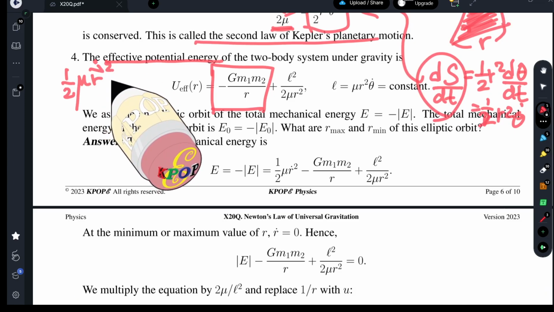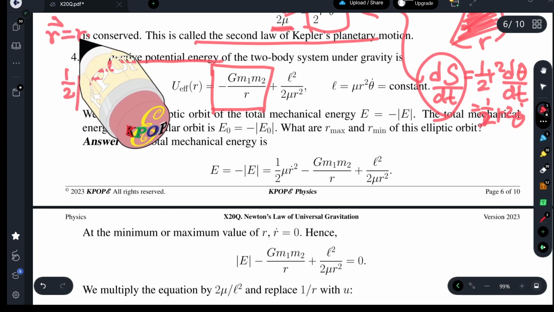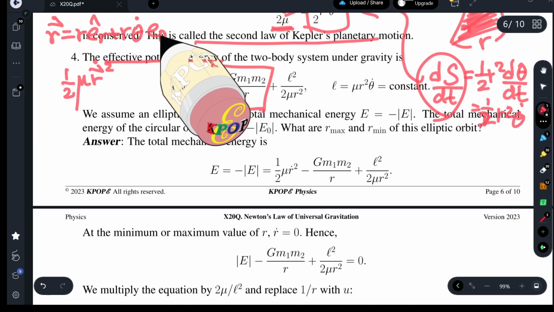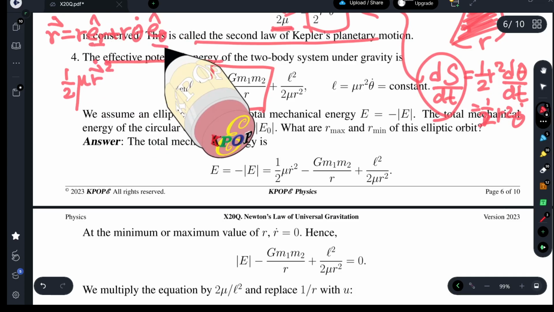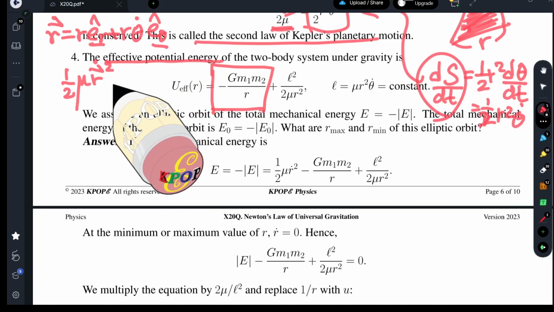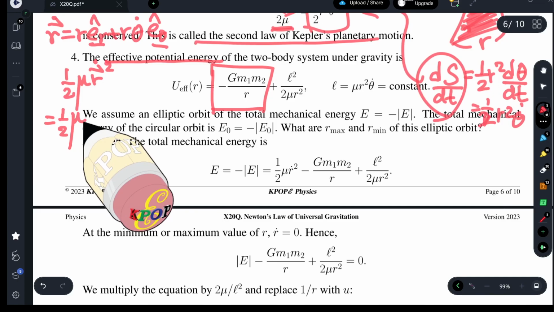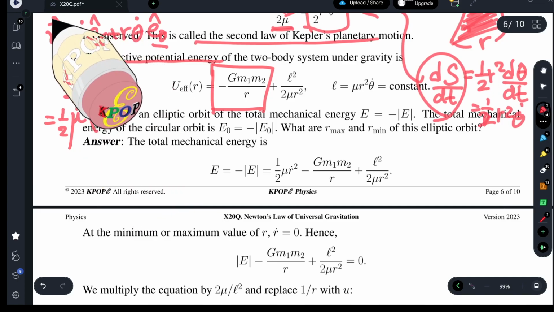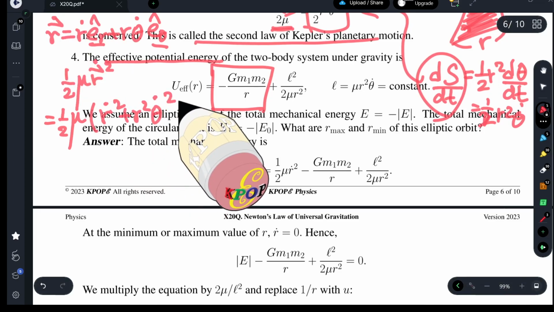And this velocity r vector dot is r dot e_r plus r theta dot e_theta. And we know they are perpendicular to each other. Therefore, the kinetic energy can be expressed in terms of 1/2 mu, that is the reduced mass, times r dot squared plus r squared theta dot squared.